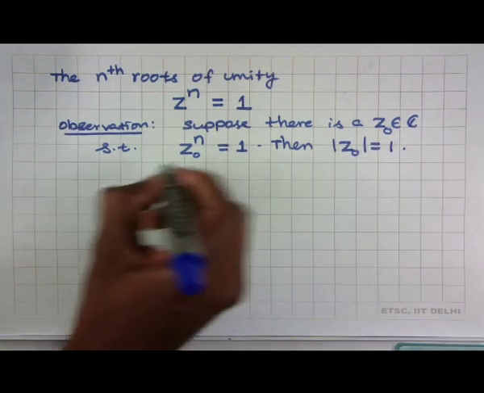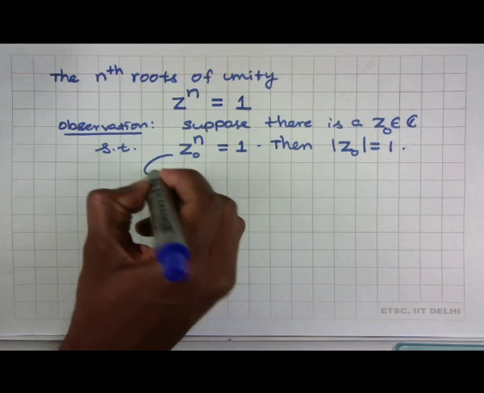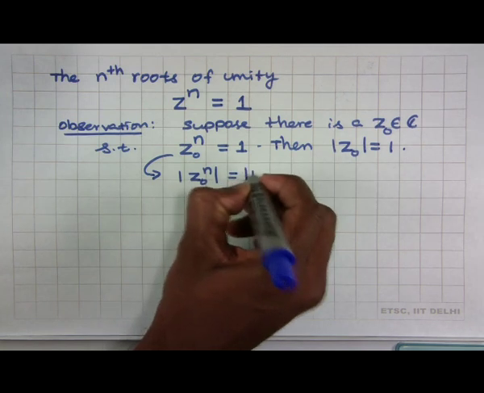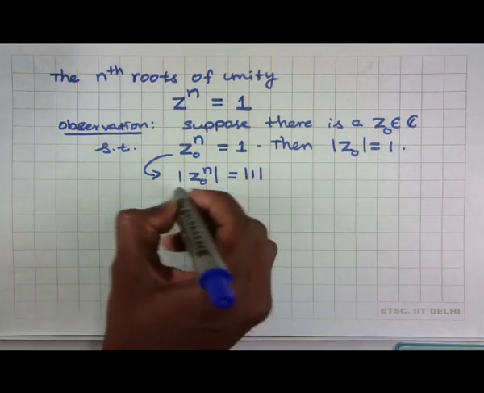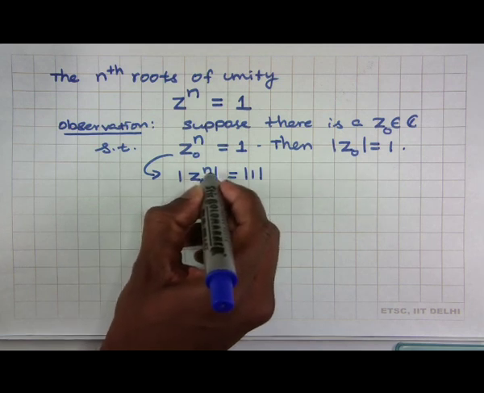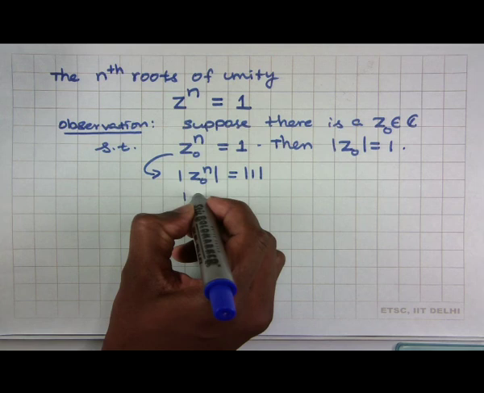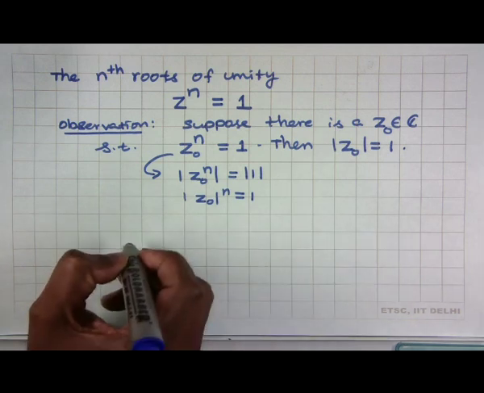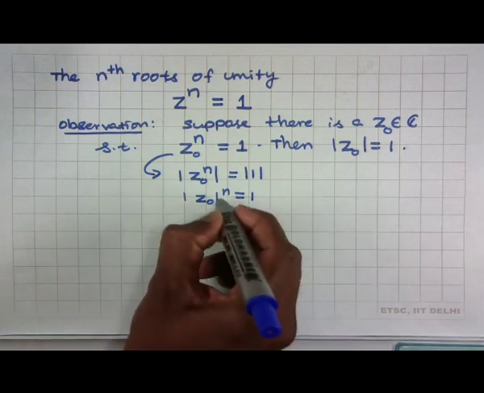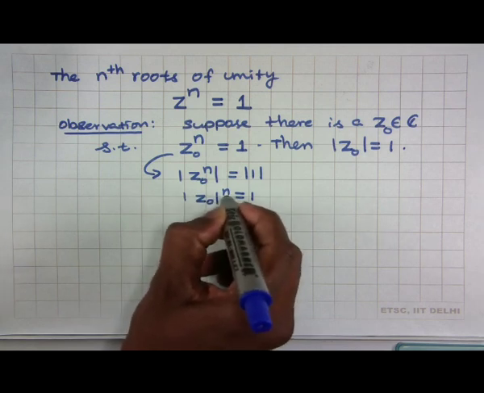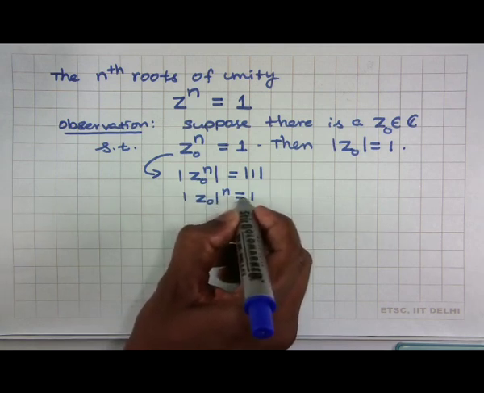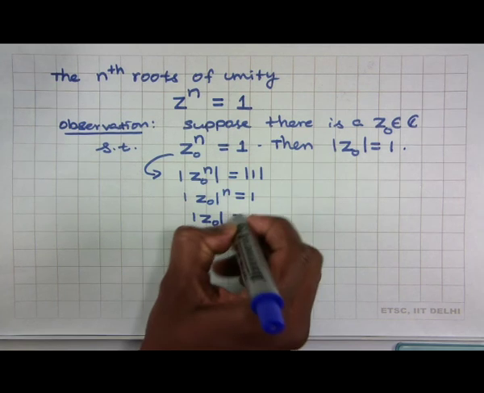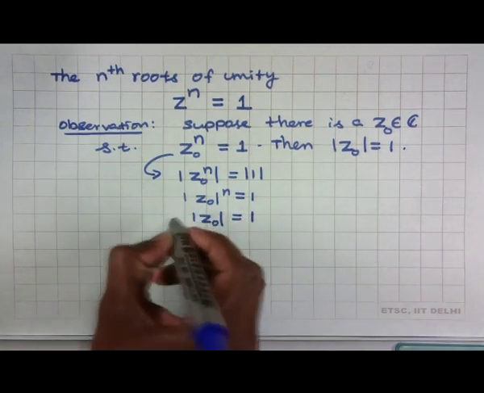From this equation we see that modulus of z0 power n and modulus of 1 must be equal, and we know that mod z^n is the same as mod z power n, and modulus of 1 is just 1. Now we are asking for a non-negative real number whose power raised by n equals 1. This happens only when mod z0 is 1, in the real numbers.